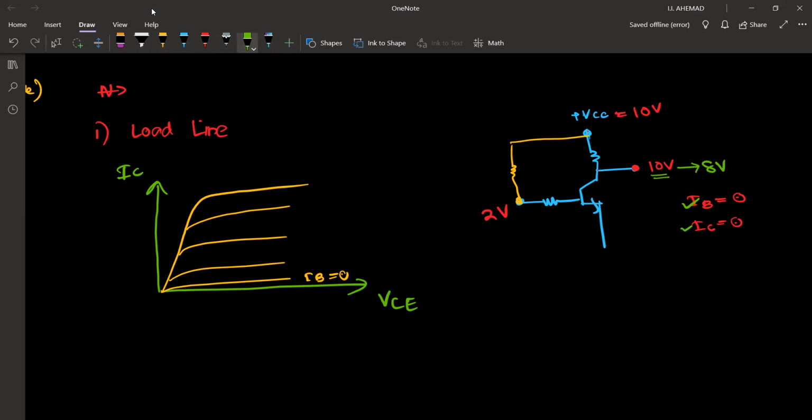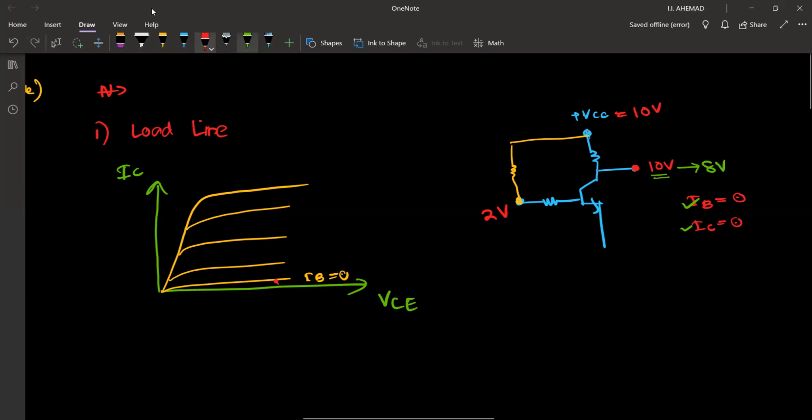Okay, now I'll go to this graph. In this graph, when IB current was 0, VCE was 10 volt. So it is somewhere here. Okay, and when this is 2 volt, there is an IB current.